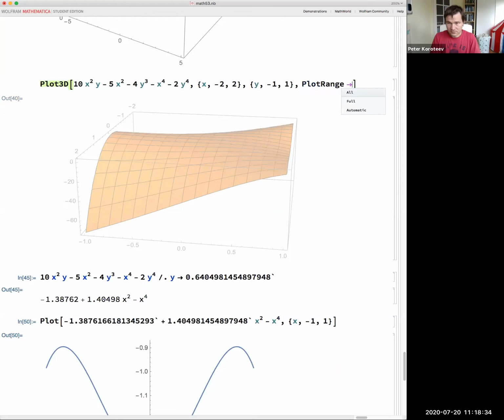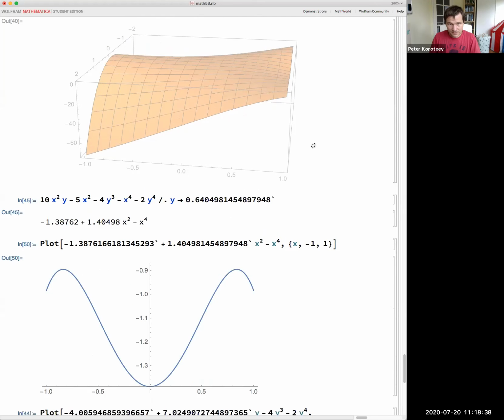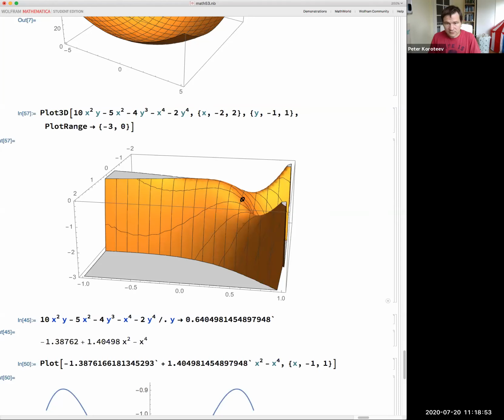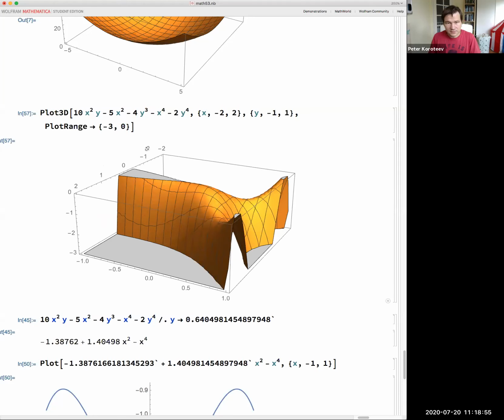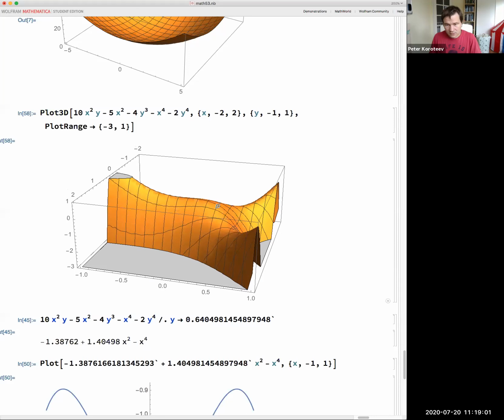Let's see if I want to change the plot range to make it look more pronounced. So from -2 to -3 to 0. Ah, there we go. And now we're getting somewhere. -3 to 1. Ah, I see.